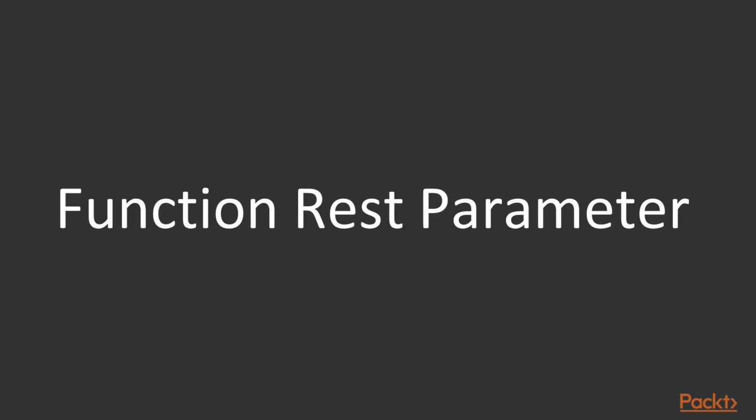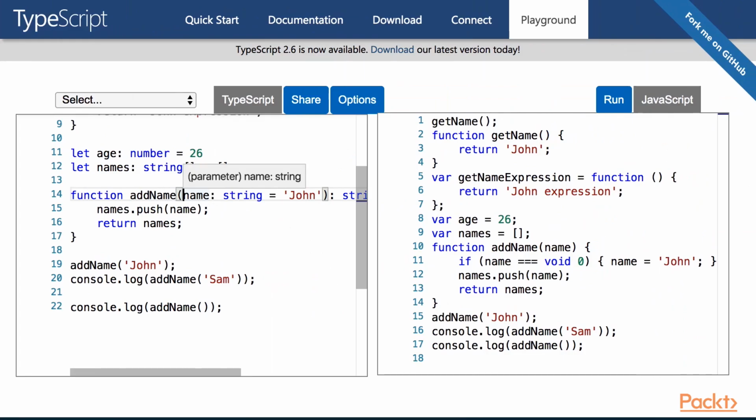Function rest parameter. As you can see, we increased the number of ways that we can invoke a function. The rest parameter syntax allows us to represent an indefinite number of arguments as an array. So for example, we can refactor our addName function. Instead of creating another and another parameters, we'll replace a name parameter with 3 dots.